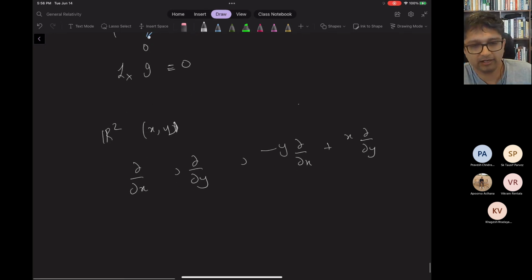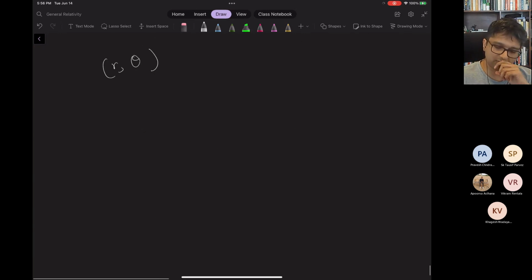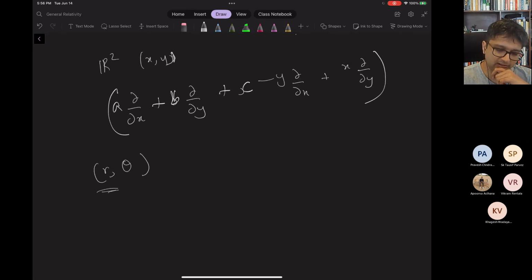If you use polar coordinates, that is, r and theta, first of all, this is a coordinate patch which is not valid at the origin. It's not smooth at the origin, but if we exclude the origin, we can still find Killing vector fields associated with this. The span of these, meaning all linear combinations, generates all possible Killing vector fields.